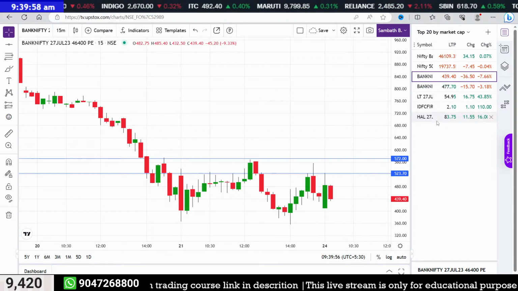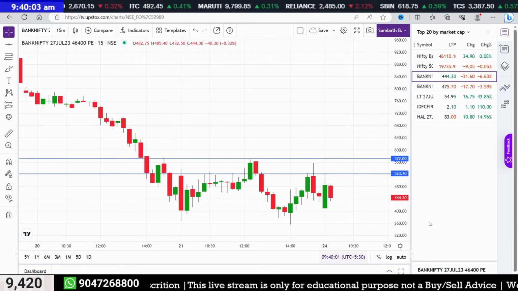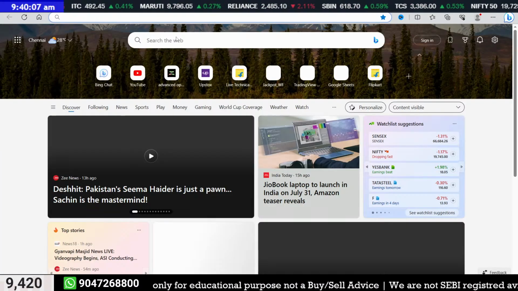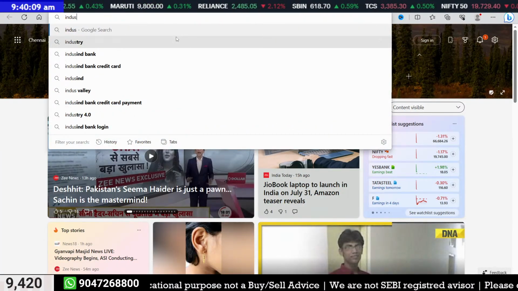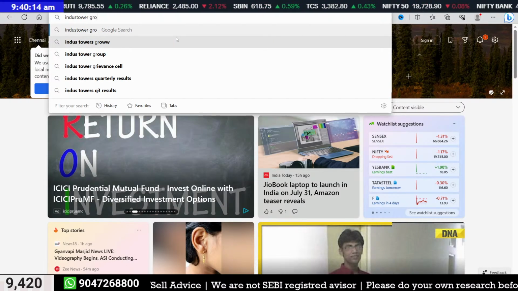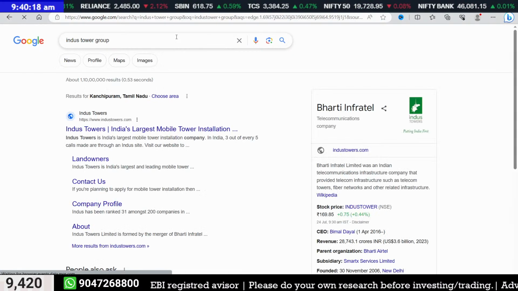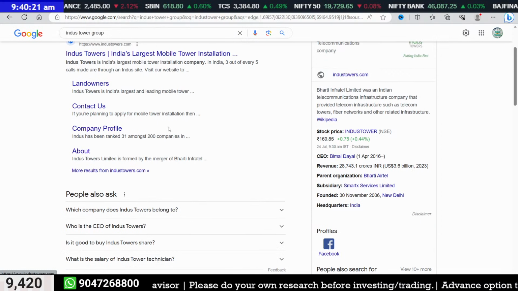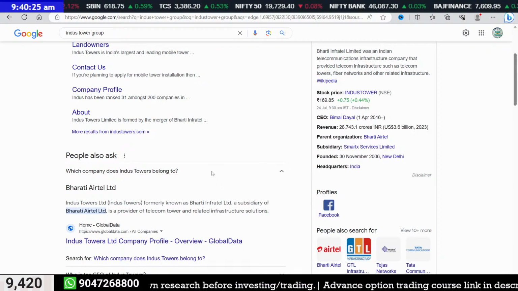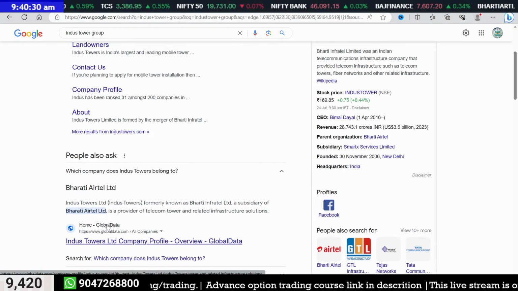I don't know how this tower works. Previously, I think this is Bharti Airtel Group. I don't think so. In this tower, you check for that. Airtel, yeah. See, in this tower, it's about Infratel.